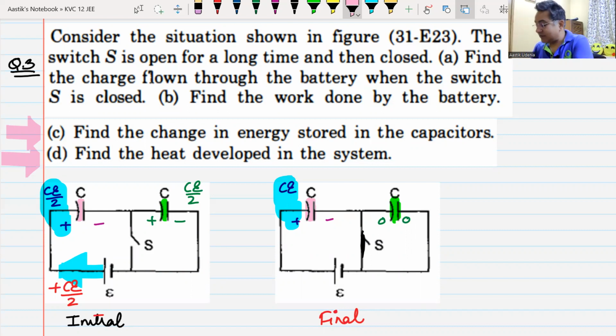Let us first find out the initial potential energy, the initial electrostatic potential energy. What is the initial potential energy? How much is the energy in this pink one? You can find it out in many ways. Q square by 2C is the way. So how much is the energy coming in this one?